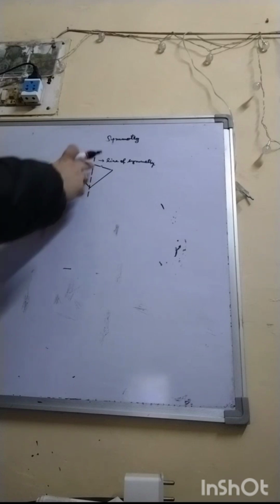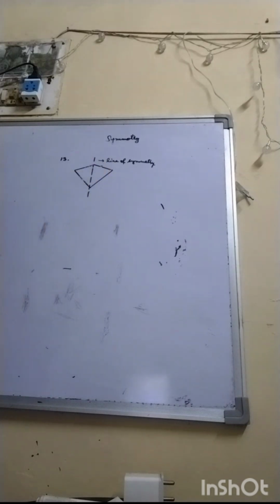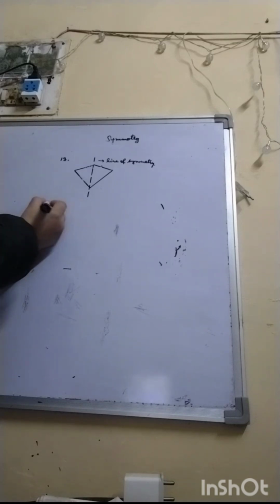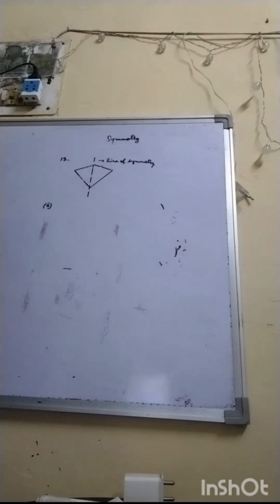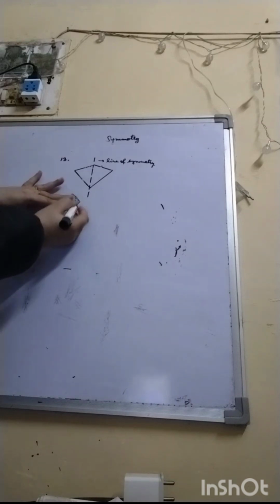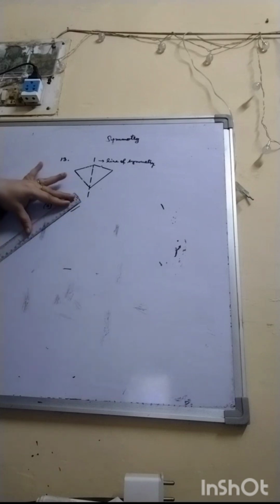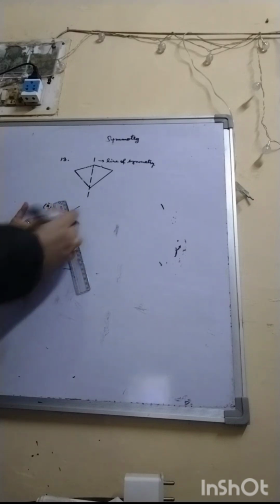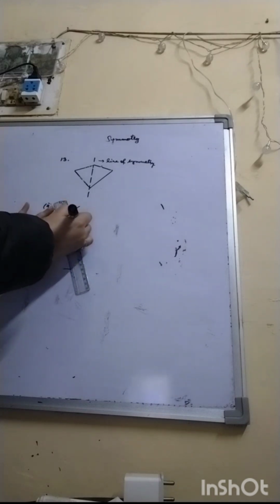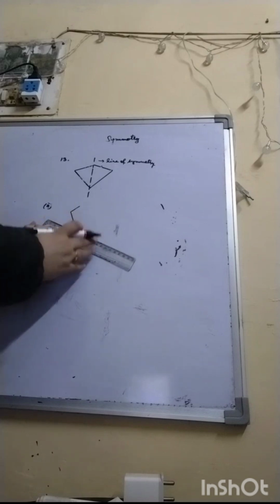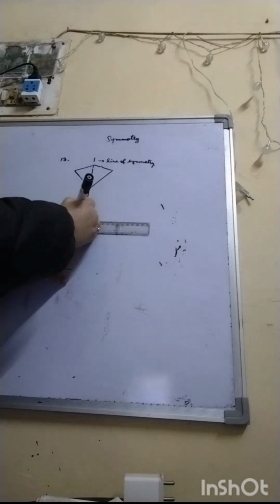You have to complete the figure and show the line of symmetry so that it looks symmetrical. Then the second part is, there is a line, you have to draw the figure first. It's like this, then this.